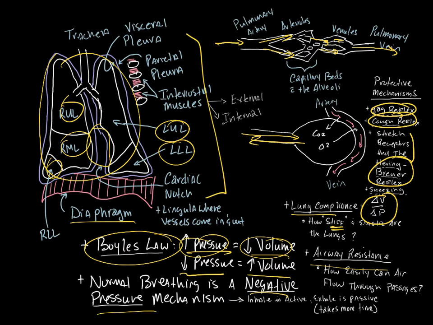So with lungs that are too compliant, exhalation is a problem, right? Getting air out of the lungs, because they're so compliant, they're opened up and they're like, I'm good, I'm open, I don't want to exhale. So that's too much compliance. That's highly compliant. Poorly compliant is too stiff. Are you guys okay with that? So low compliance, stiff lungs; high compliance, floppy lungs. That is a qualitative way of looking at it.